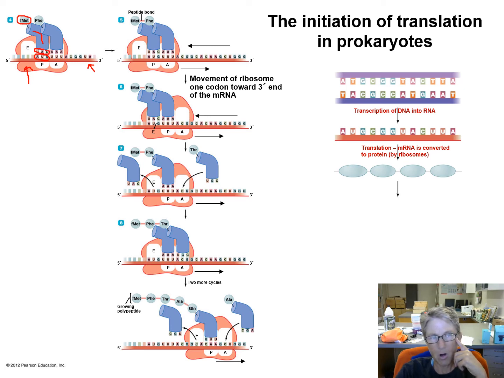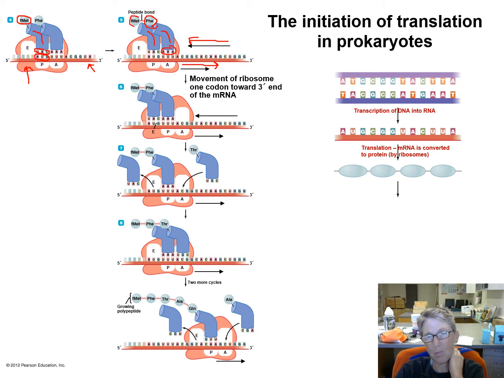So the transfer RNA has an anticodon that binds to the codon on the messenger RNA, and the transfer RNA brings in the amino acid. Remember, the messenger RNA is moving this way, and the ribosome is moving this way, and each one of these blue things is a transfer RNA that's going to have an anticodon here that will read the codon on the messenger RNA and bring in the next amino acid.